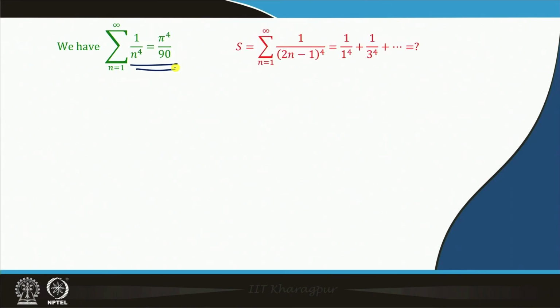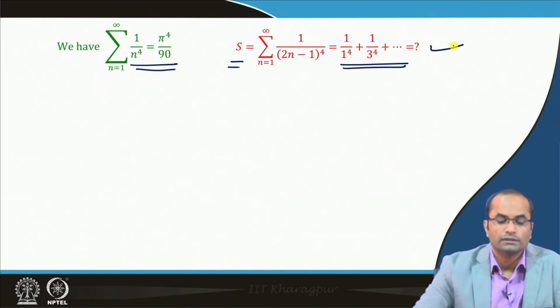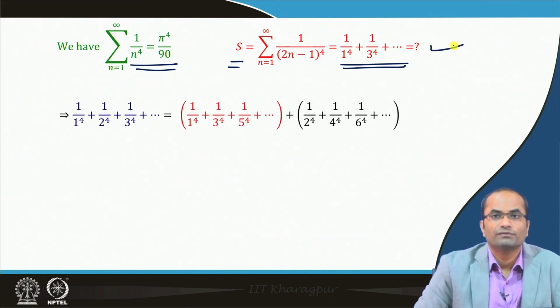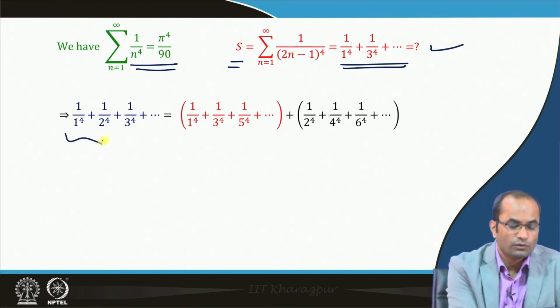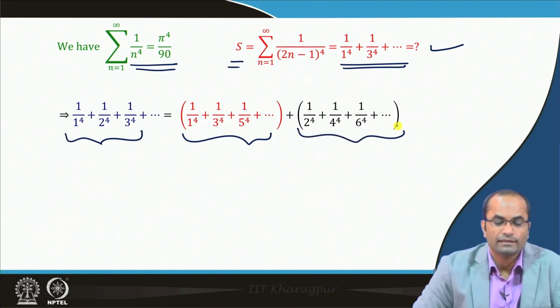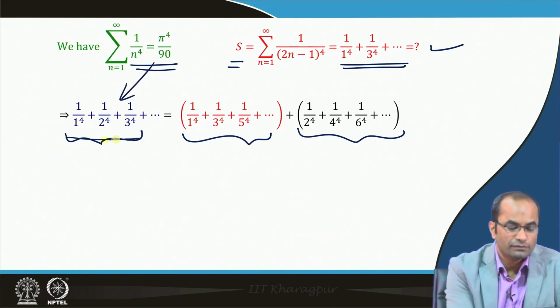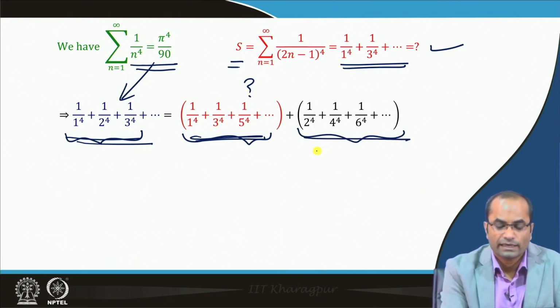that the sum of 1 over n to the power 4 is equal to pi to the power 4 over 90, the direct result from the Parseval identity. Our interest here is to get the summation which is 1 over 1 to the power 4, 1 over 3 to the power 4 and so on, and we will use the similar trick used earlier, that the whole series can be split into two having the odd terms and the even terms. In this scenario we have the total sum known, this one we want to get, and this we can convert by taking the factor 1 over 2 to the power 4 into the given summation again, which is pi to the power 4 by 90.